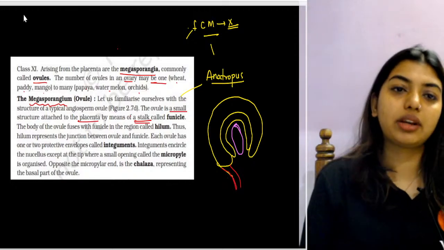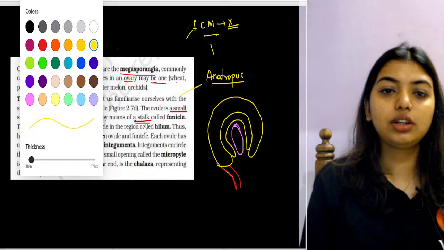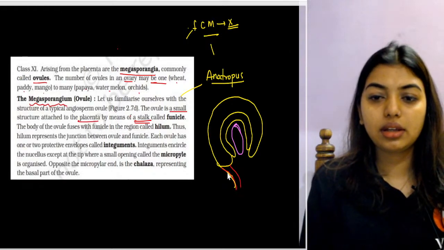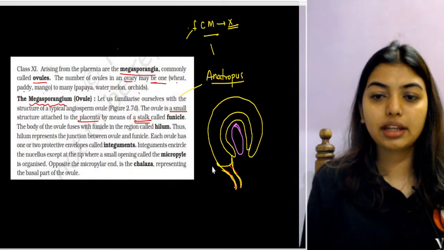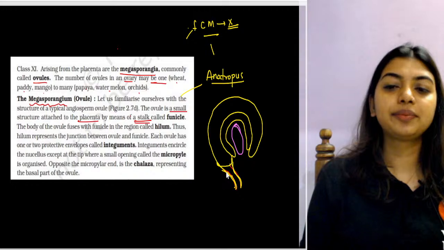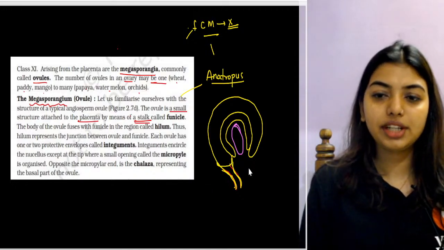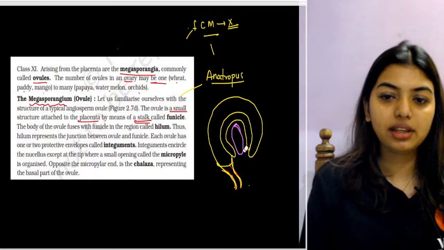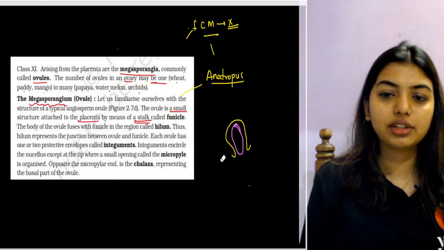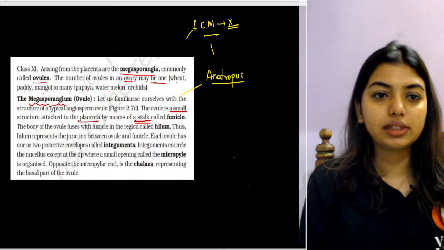Oh, I love mangoes. I can always choose mangoes every now and then, but the problem is I'll immediately get a rhinovirus attack, so dangerous. Okay, so students, funicle. Everything went off, students. One second.